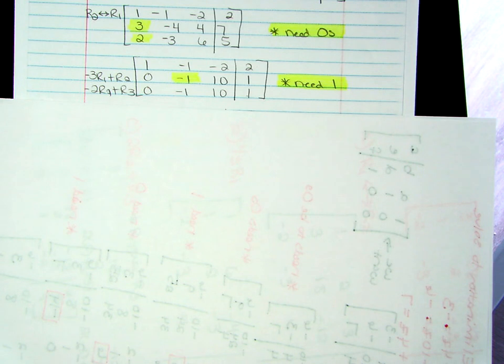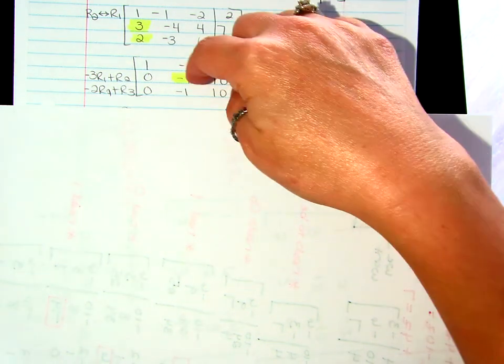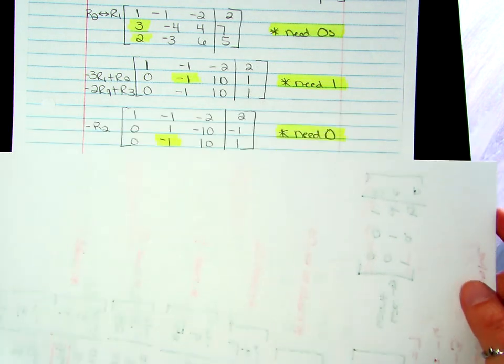Okay, we're going to keep playing with it though and get down to the echelon form. So how do I get that highlighted -1 to be a positive 1? Multiply that row by a -1.